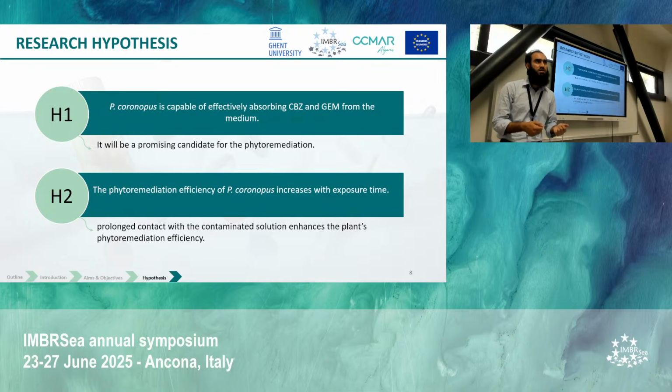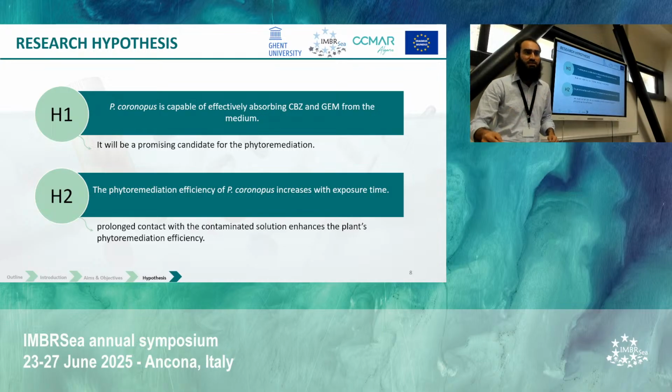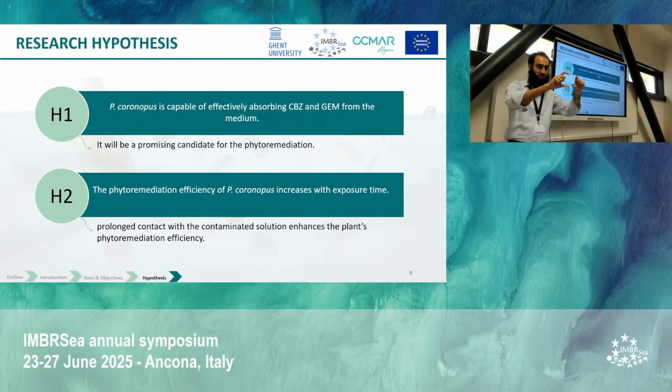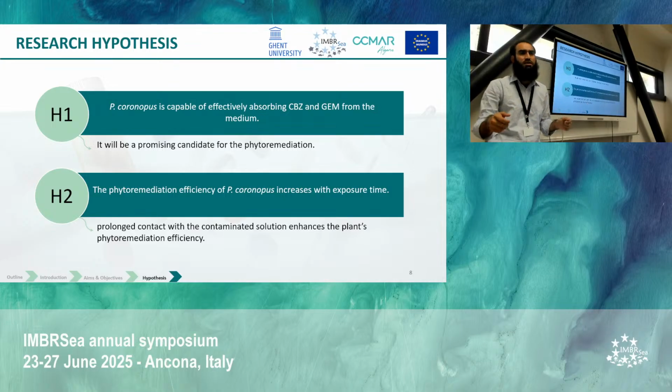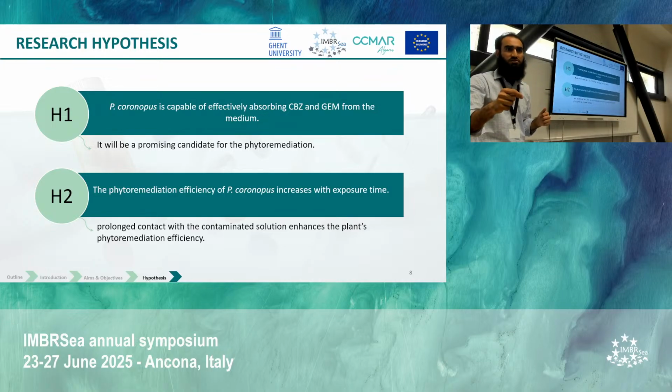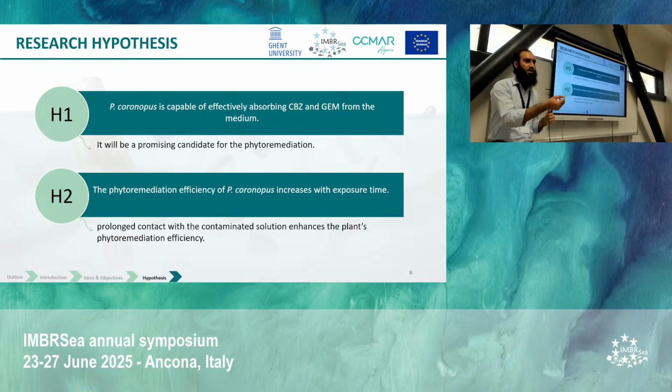Previously I was selecting 1 milligram per liter, but then I realized that it is not possible that 1 milligram per liter occurs in a real situation. So this concentration should be lower. With my supervisor we decided that, as we have seen in the previous literature, these kinds of contaminants are mostly present in nanograms up to micrograms, so it is suitable to take 10 micrograms per liter.